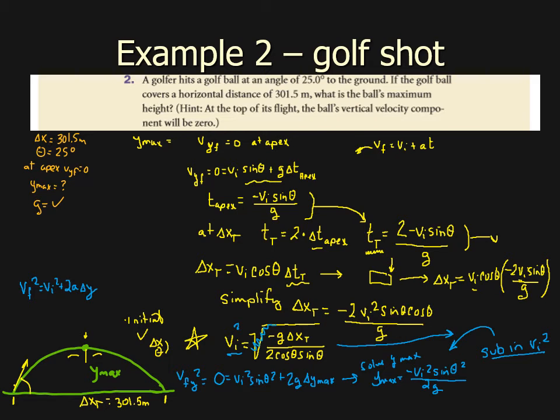So let's pull all this together, and that's that last substitution. So y max equals, and then substituting in, we are going to get negative g delta x over 2 times the cosine of the angle times the sine of the angle. I'll just dump that in parentheses because that's vi squared, multiplied by the rest of it.